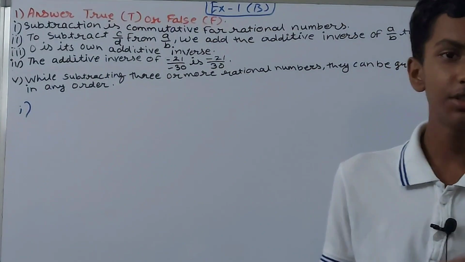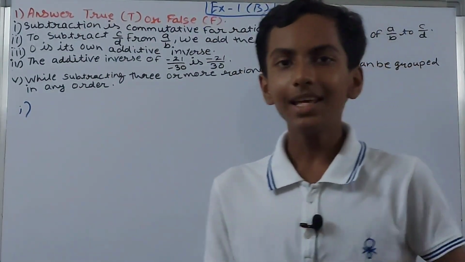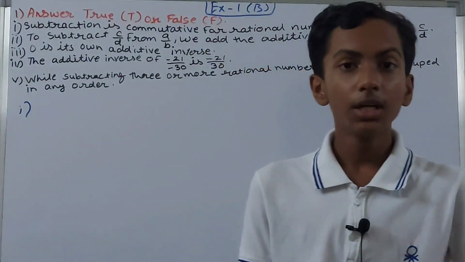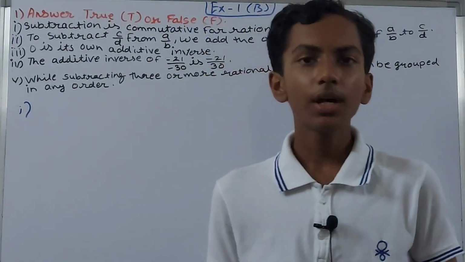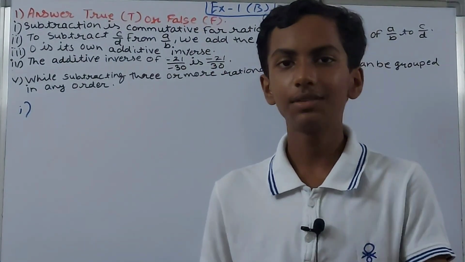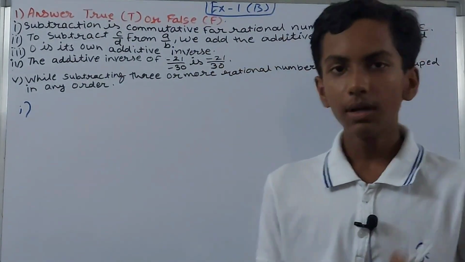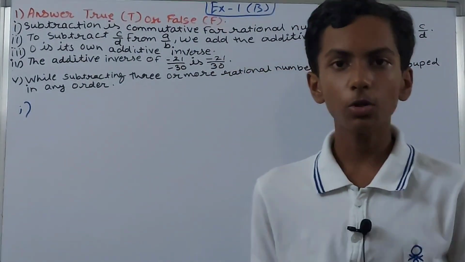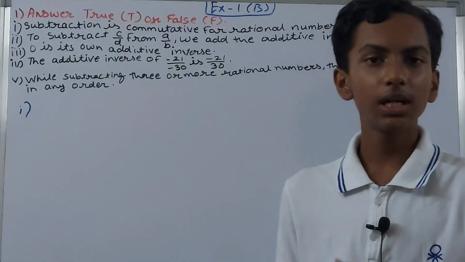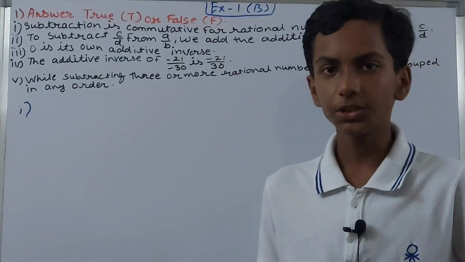Now basically this is based on the properties of rational numbers. Like we study different topics like integers and whole numbers, in those we study the properties for addition, subtraction, division, multiplication, and so on. In this exercise we're going to focus on addition and subtraction more, and also on the properties of addition and subtraction for rational numbers.